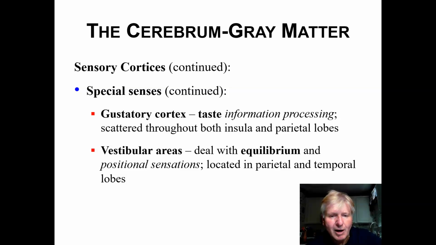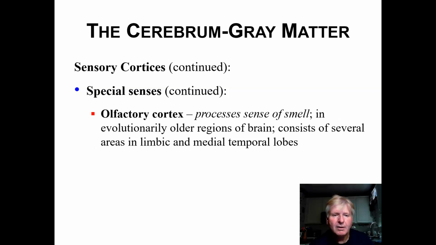It is scattered throughout both the insula as well as the parietal lobes. The vestibular areas will deal with equilibrium, balance, and positional sensation, and is located in both the parietal as well as the temporal lobes. And then the olfactory cortex processes the sense of smell, and this is thought to be in the evolutionary older region of the brain. It also consists of several areas in the limbic and medial temporal lobes.